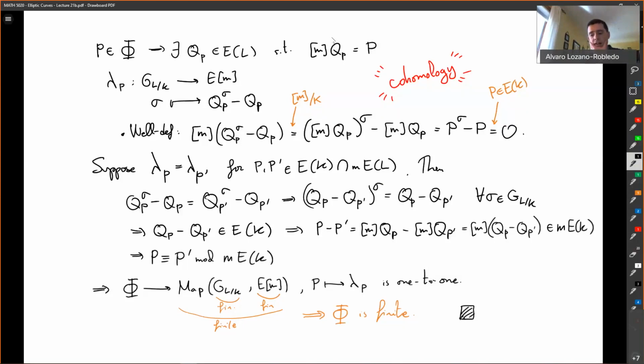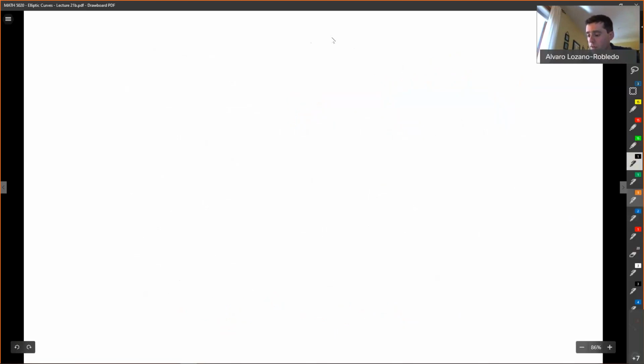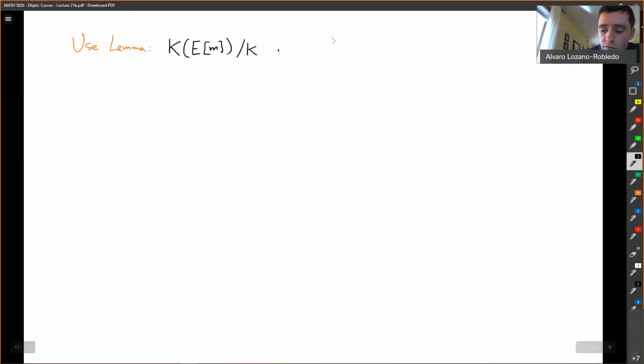Okay, so that is the first part. What we've proved is that we can extend our field by a finite Galois extension, and we would be fine. So the way we're going to use that, we're going to use the lemma right away, because K adjoin the M torsion over K is a finite Galois extension.